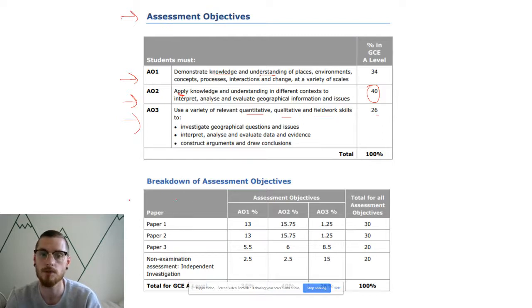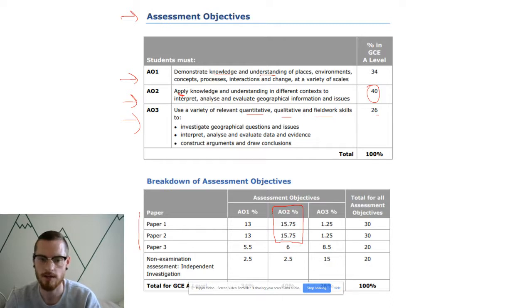If we skip to the bottom here and we look at the 3 papers, we can look at the percentage breakdown. Paper 1 and 2 have exactly the same spread of AO1, AO2, and AO3. But the main thing here is there's a greater percentage on application of knowledge and understanding. So it's not just the ability to regurgitate information on the exam paper, but understanding and applying that knowledge that you have learned.